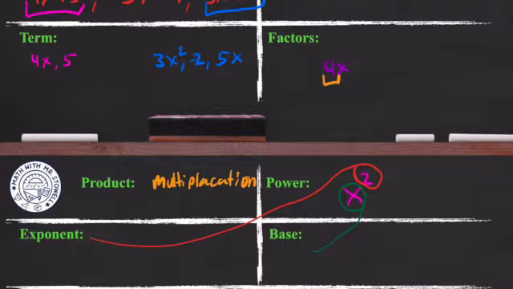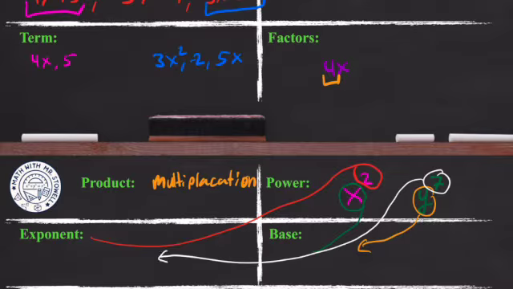The exponent is the one that is up top. So if we have, let's say, y to the 7th, the base is y. The exponent is 7. That is what powers mean. We are raising it to some sort of degree, where the degree is the exponent and the base is a number that is being multiplied several times.